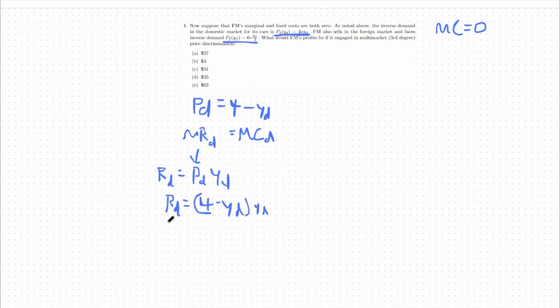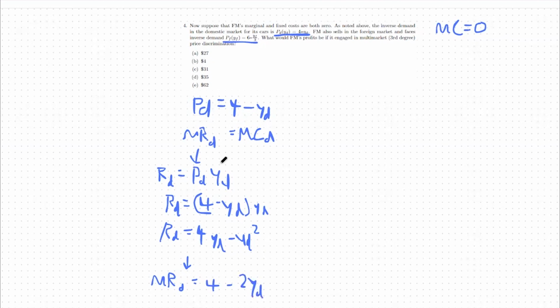Multiply by our quantity again, and we get 4Qd minus Qd squared. So that's our revenue function. What we're going to do with that is take our marginal revenue, which means we need to take the derivative. So it's going to be 4 minus 2Qd.